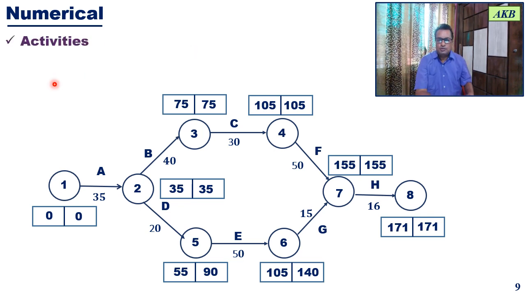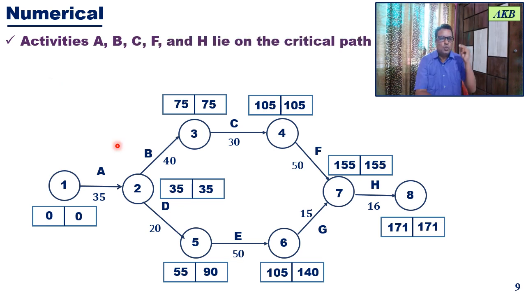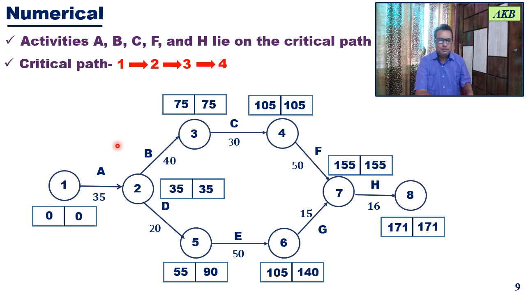Okay, so activities A, B, C, F and H lie on the critical path. We have used three different methods to show that these activities are falling on the critical path. So what is the critical path? Critical path is event 1 to event 2, event 2 to event 3, event 3 to event 4, event 4 to event 7 and event 7 to event 8.